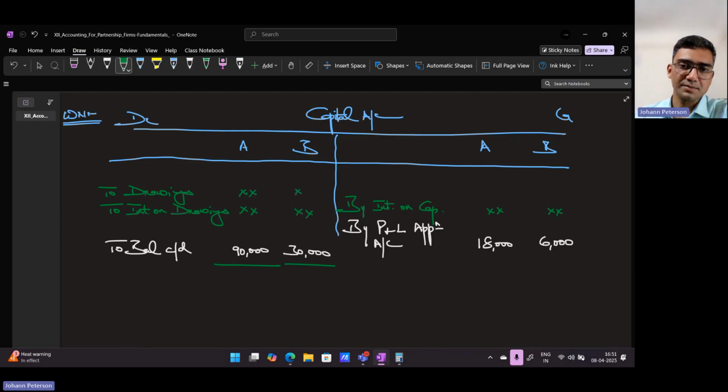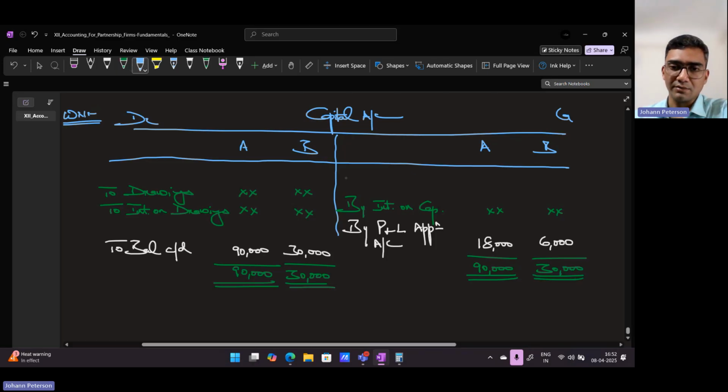This is not to be written here. So what is the total of the debit side? It is 90,000. Total of the credit side is 30,000, which should also be on the credit side. So that is 90,000 and 30,000, which is how I will get my opening balance.